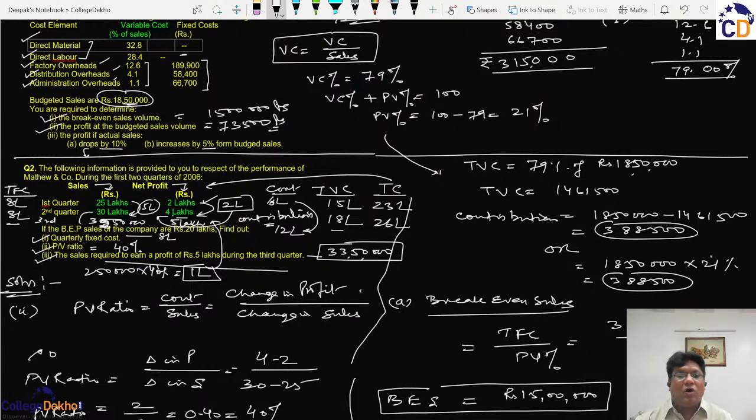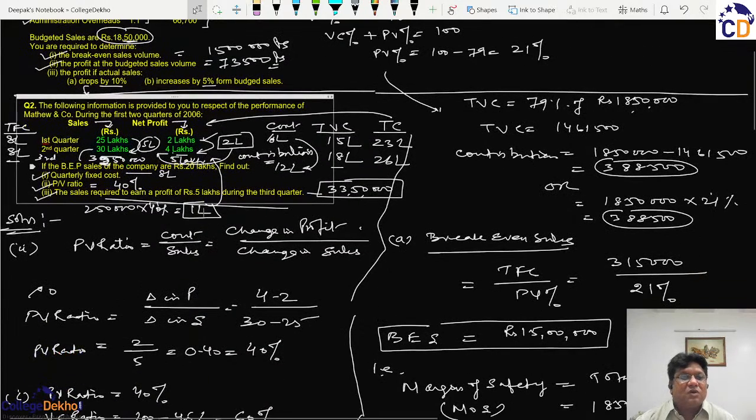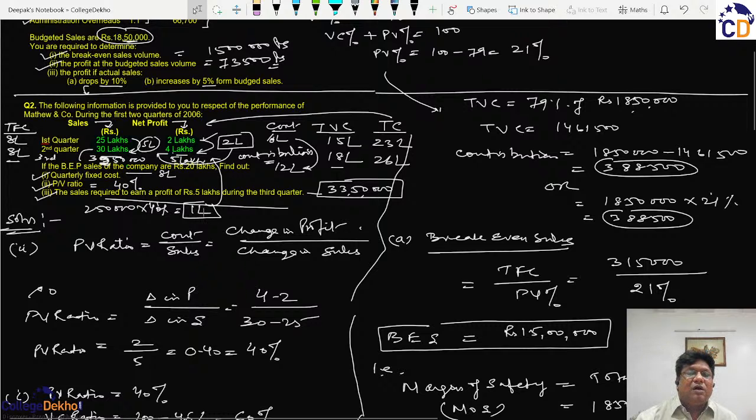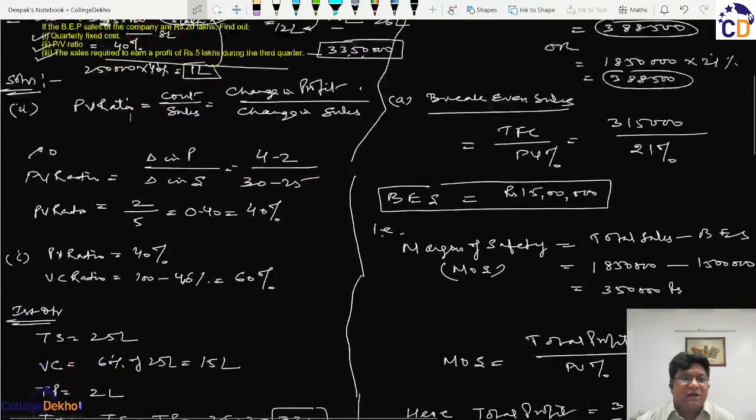So hence, all the credentials and principles of marginal costing seem to be understood. And please note, these figures have been written in close contact to the question, just to analyze that the data here was for two quarters, and we have created the data for the third quarter also.